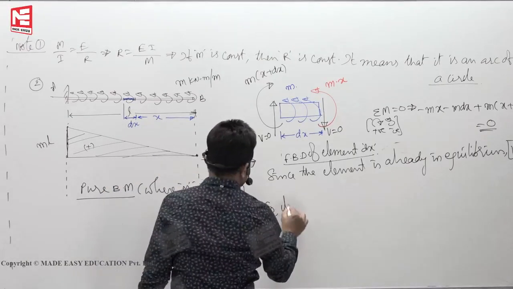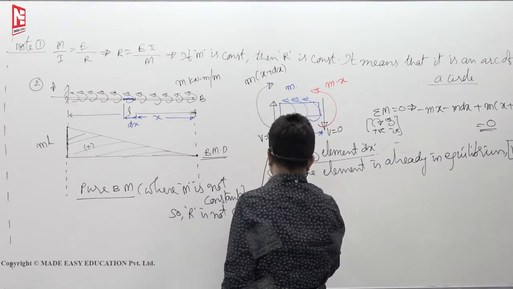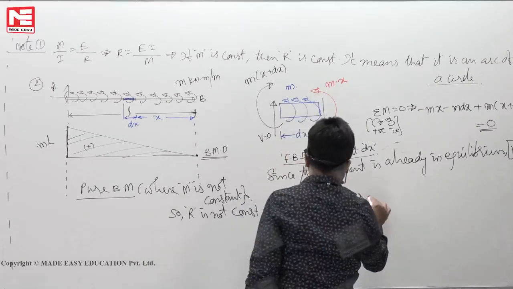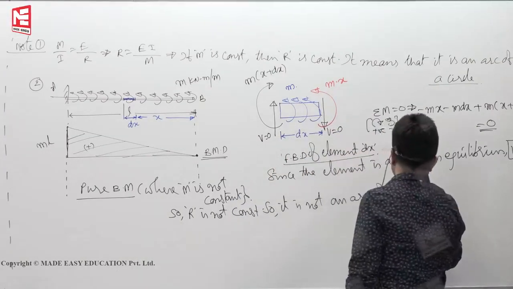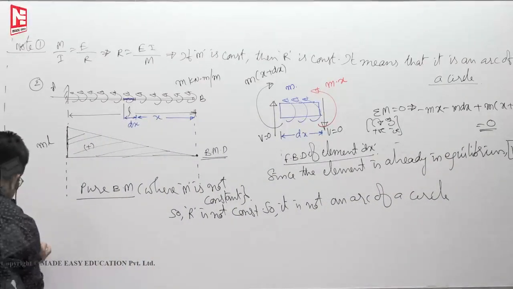So, where m is not constant, r is not constant, and it is not an arc of a circle. So, what is your conclusion from this?